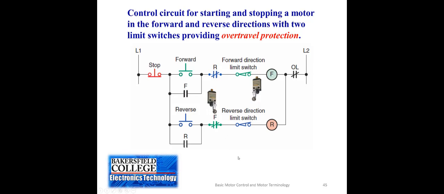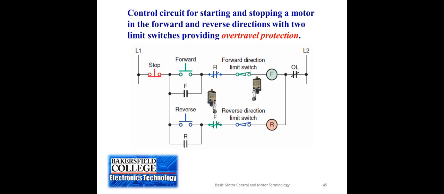If you didn't have those, they're called interlocks. Sometimes they call those fail safes. If you didn't have those normally closed contacts, then you could conceivably try to run the motor forward and reverse at the same time. If you're running it forward and you press the reverse button, you're going to short out some of the electrical wiring that's part of the motor.